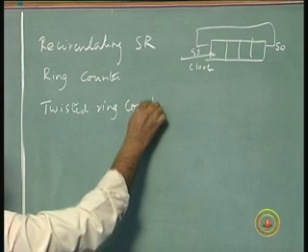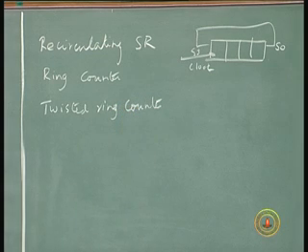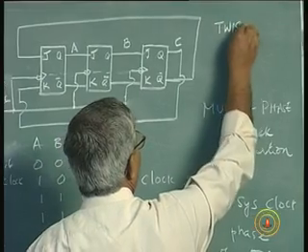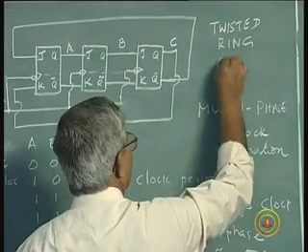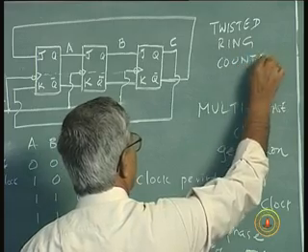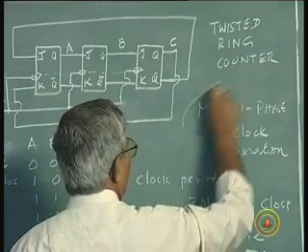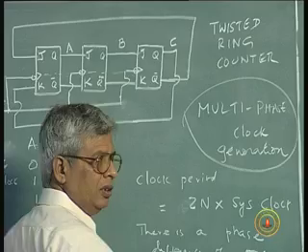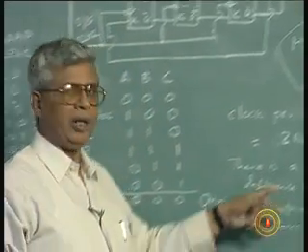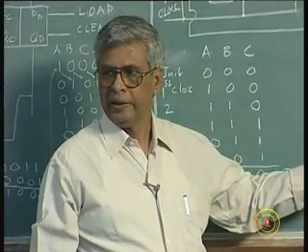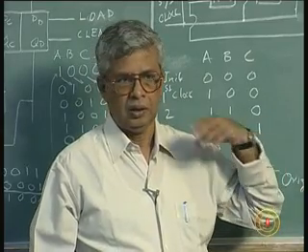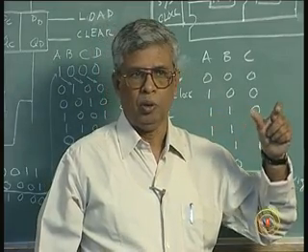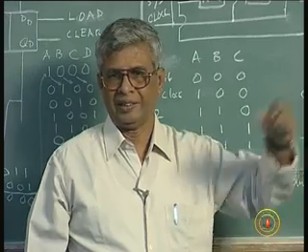What we have seen as twisted ring counter is used for multiple phase clock generation, and the period of the clock will be 1/6 of the period of the original clock with a phase difference of 1 clock period between 2 phases.